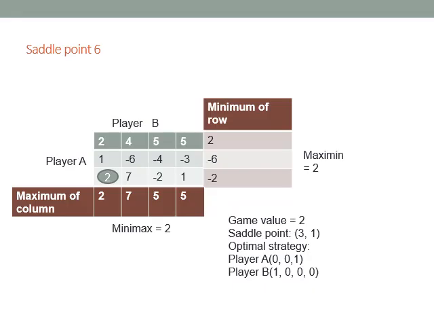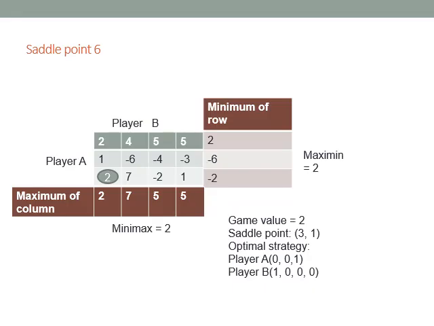So here maximin equals minimax, then the game value equals 2, and the place of this game value is the intersection point between column 1 and row 3. We will guess that player A will choose strategy 3 while player B will choose strategy 1.